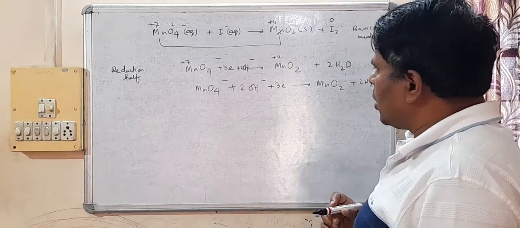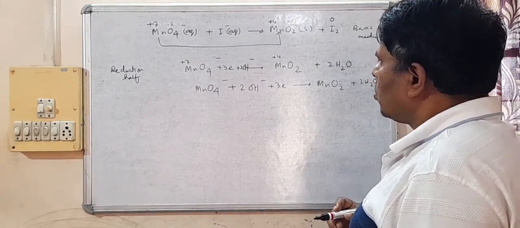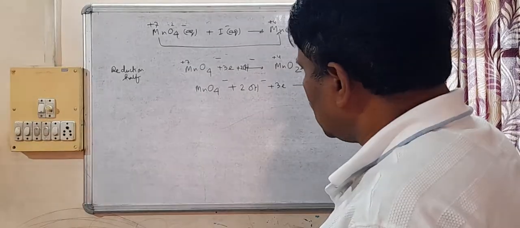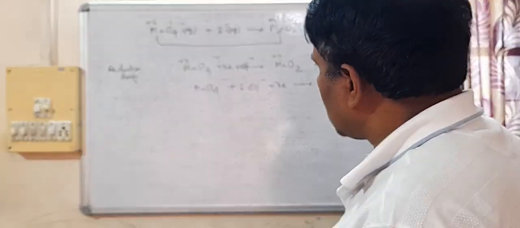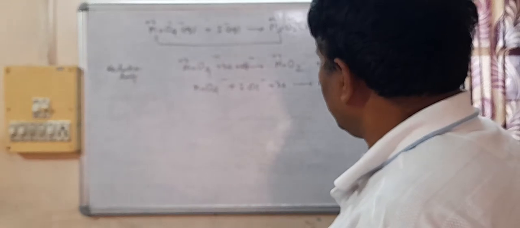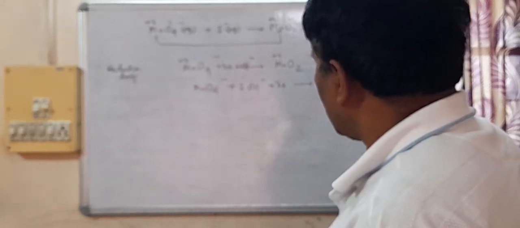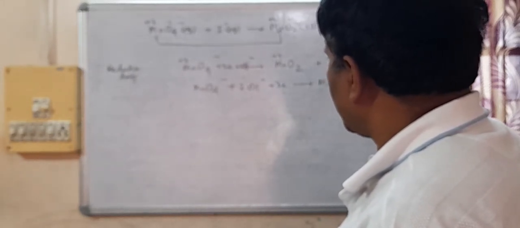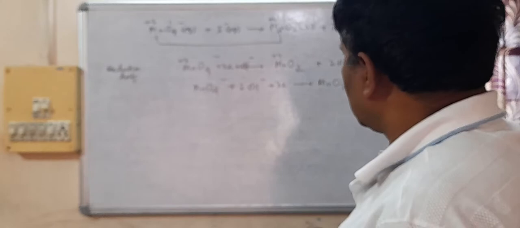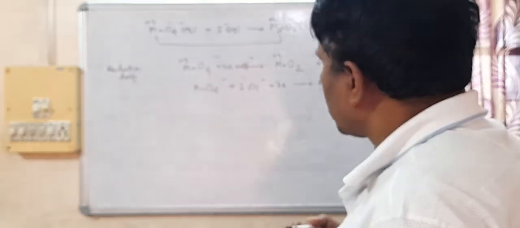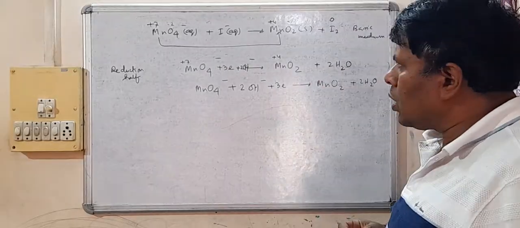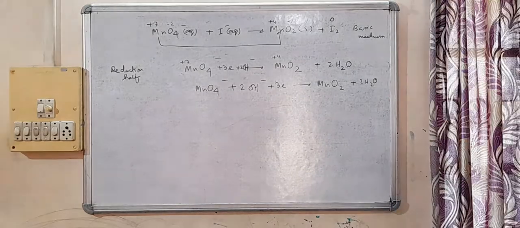I am not writing the oxidation half because we have already done the work for oxidation number. Okay, now let me do the other half, that is the oxidation half.